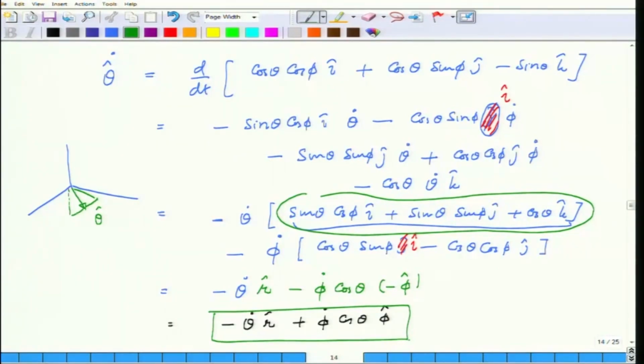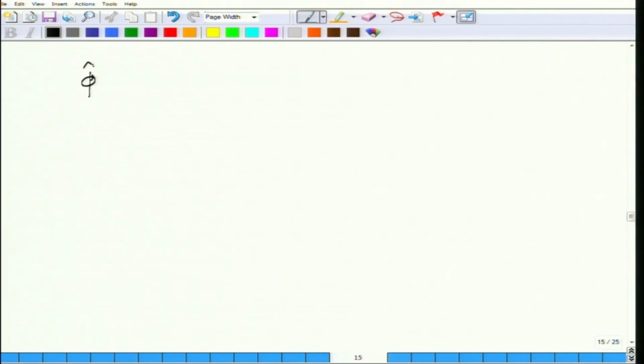How about phi unit vector? Phi unit vector dot is nothing but d by dt of minus sine phi i plus cosine phi j.